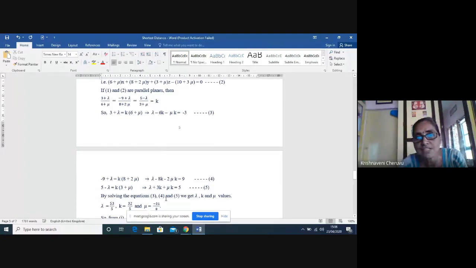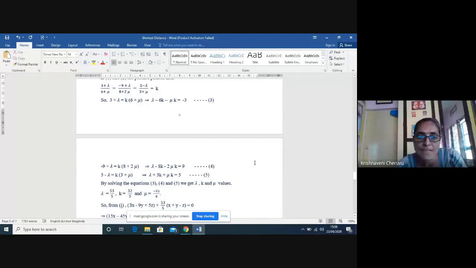How will you solve, girls? I just give you a simple method, elimination method only. You first try to eliminate the product term mu k. Please listen carefully. You add 3 and 5 so that mu k will be eliminated, and then you multiply equation 3 with 2, so it will be having minus 2 mu k, and here you have again minus 2 mu k.